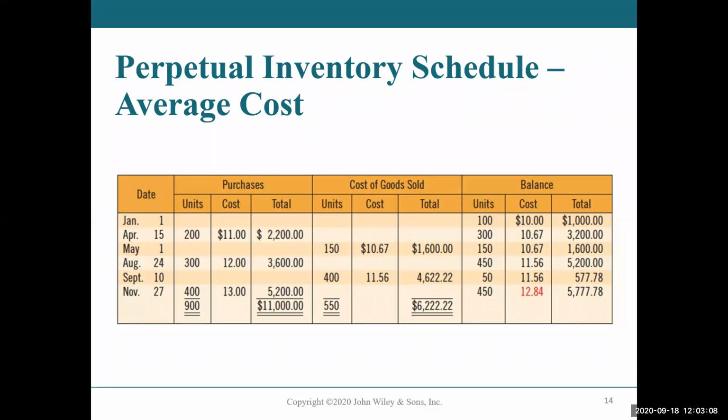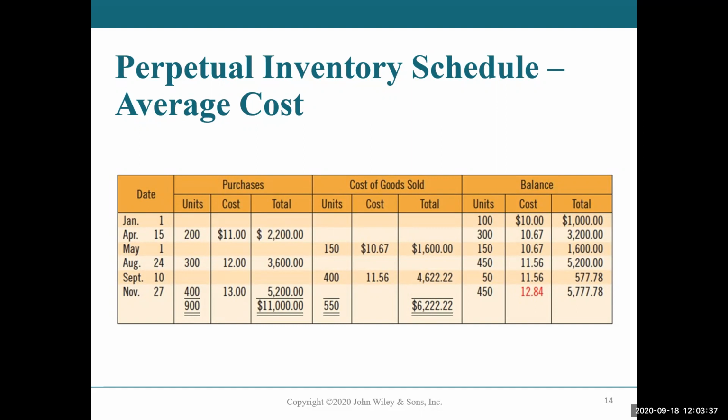How much money did we spend? From our beginning inventory, our money spent was $1,000. From April the 15th purchases, our money spent is $2,200. So our total cost is $3,200. $3,200 divided by 300 units gives us a per unit cost, or average cost, of $10.67. Now that cost is used when we sell on May the 1st.